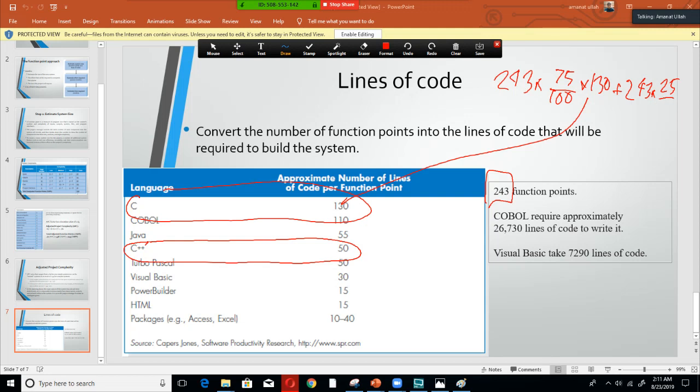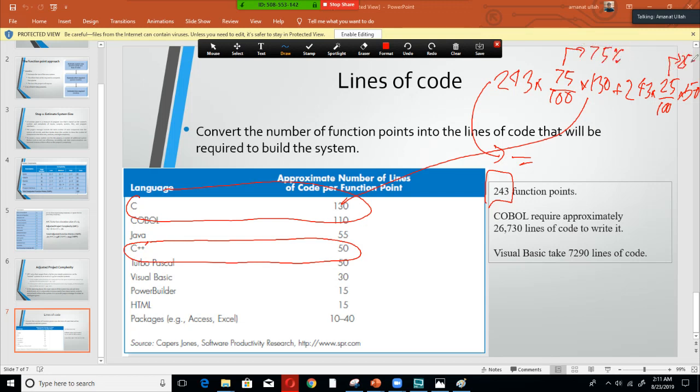So 25% out of 100 into, for C++, the approximate number of lines is 50. So this will give us the lines of code for this system where we use 75% C and 25% C++ for coding.